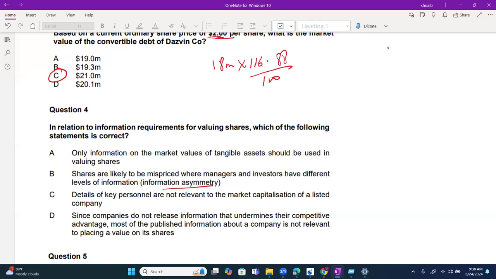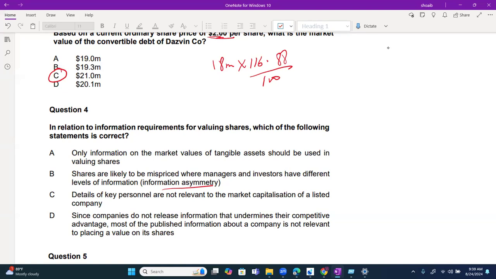No, not necessarily. Companies have to release the information because listed companies are audited. Even if companies try to manipulate the figures, the public data is still not that bad because there are a lot of requirements. So D is not the correct answer. B is the correct answer.